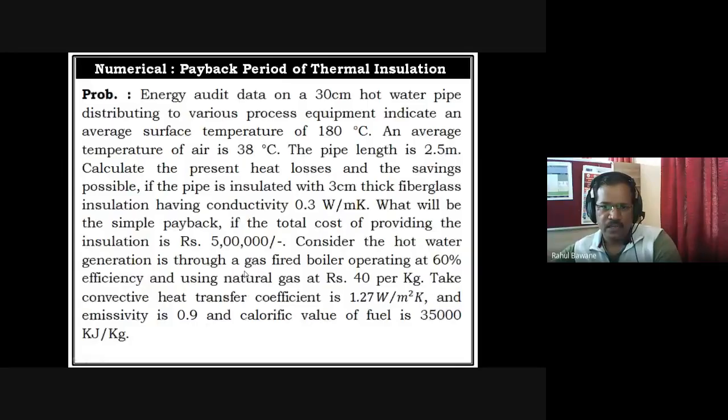So we can't say that if I burn 10 kg of fuel, it will all be used by the system. A very popular example is the Indian stove, the wooden stove, which is used in many villages.